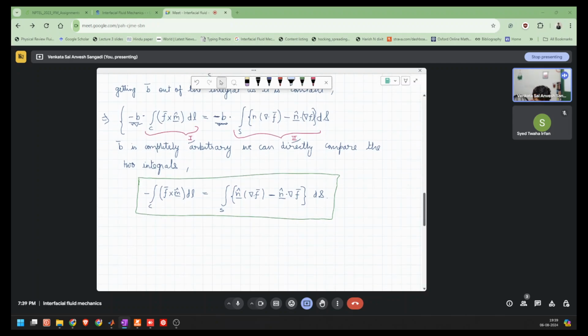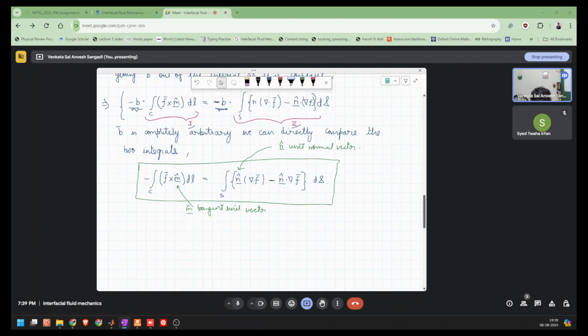where I'll remind you that m cap is a tangent unit vector, and n cap is the unit normal vector.